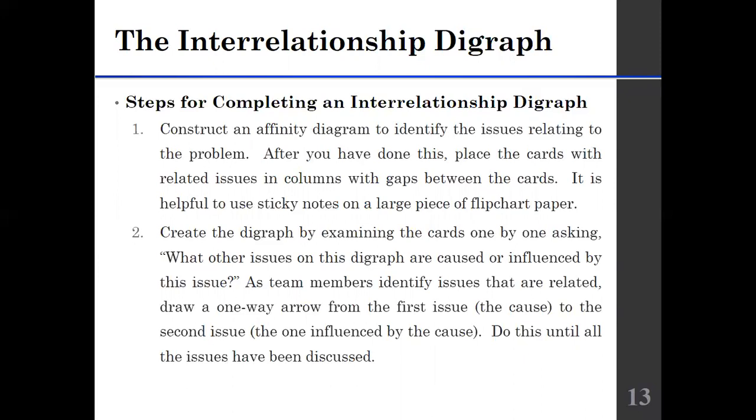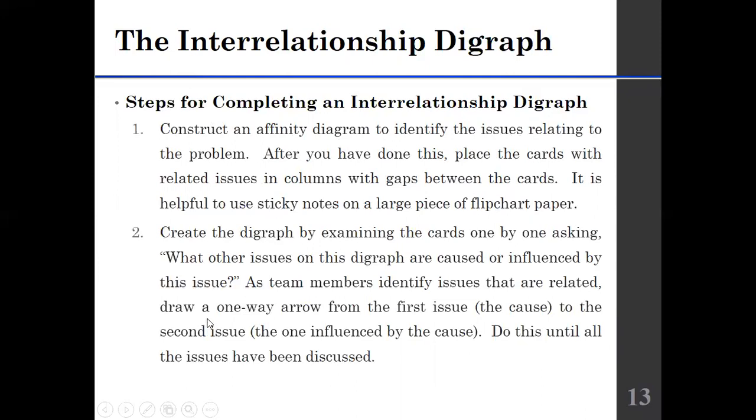So the first step is to construct an affinity diagram to identify the issues or sub-issues relating to the problem. After you have done this, place the cards with related issues in columns with gaps between the cards. It is helpful to use sticky notes, as I mentioned earlier, on a large piece of flip chart paper.